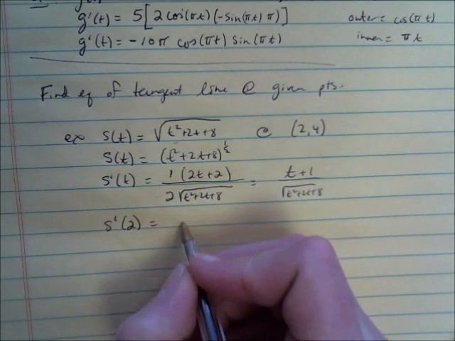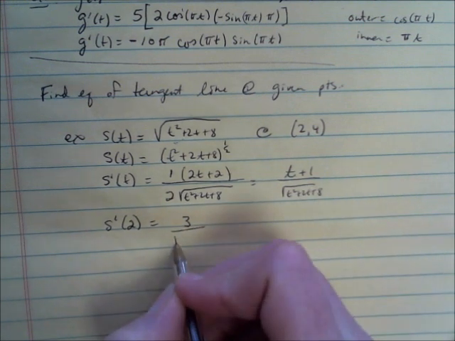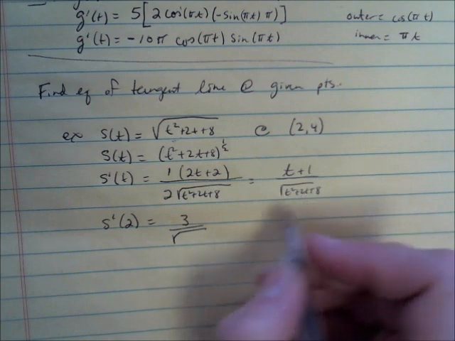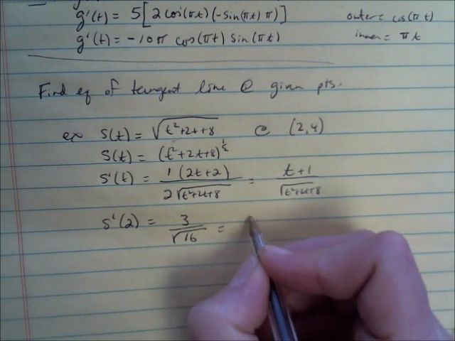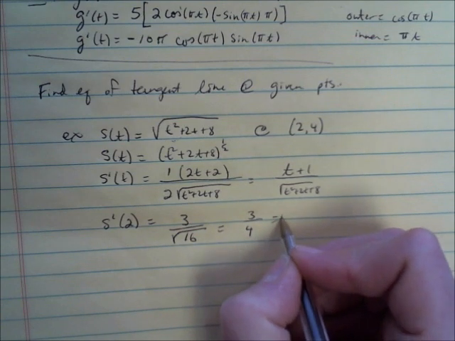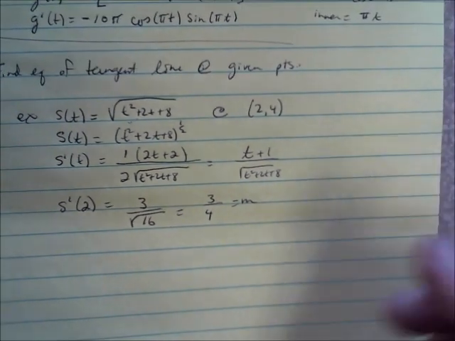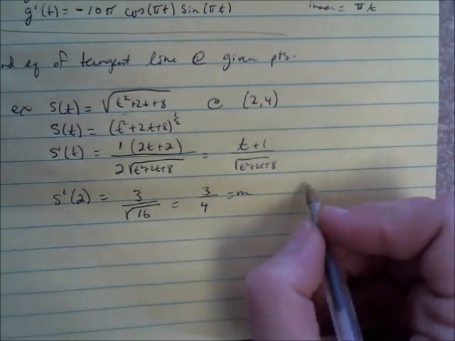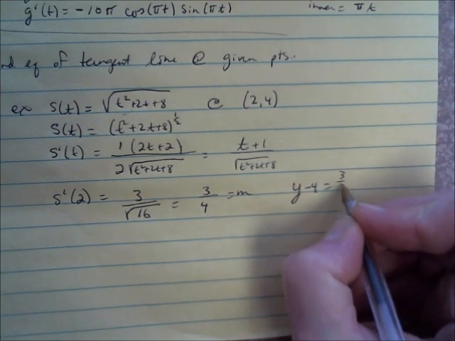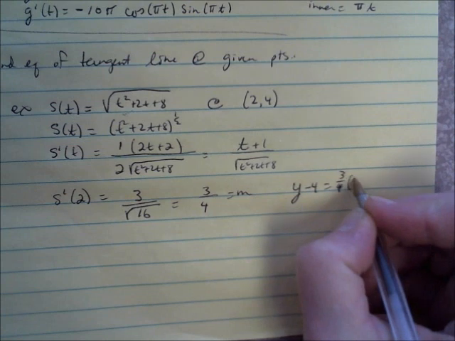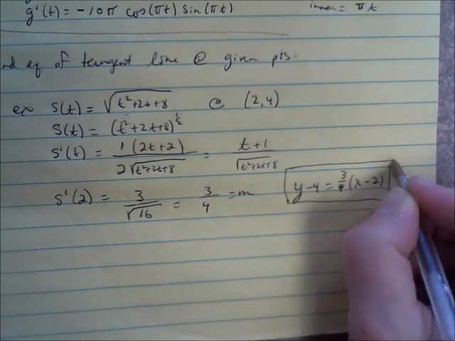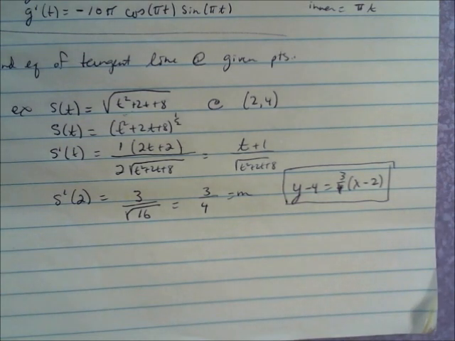So we have 2 plus 1 is 3, and in the denominator 2 squared is 4, plus 4 is 8, plus 8 is 16, which is 3/4. And now that is the slope for our point slope formula. So the tangent line is y minus y1 is equal to m times x minus x1.